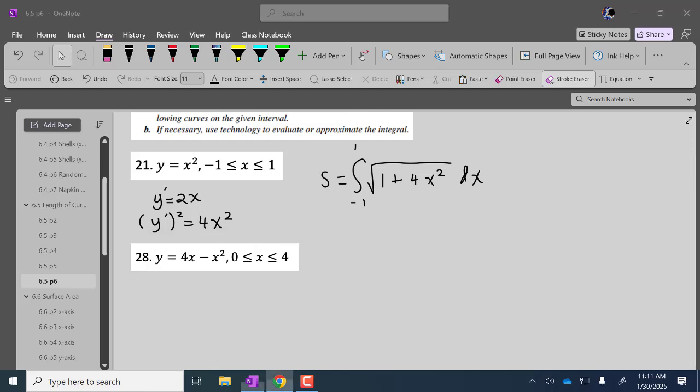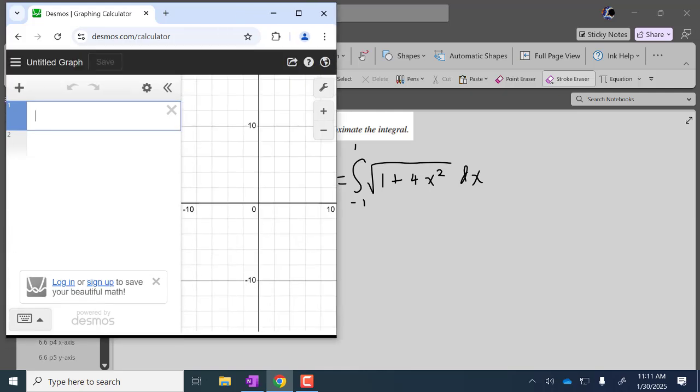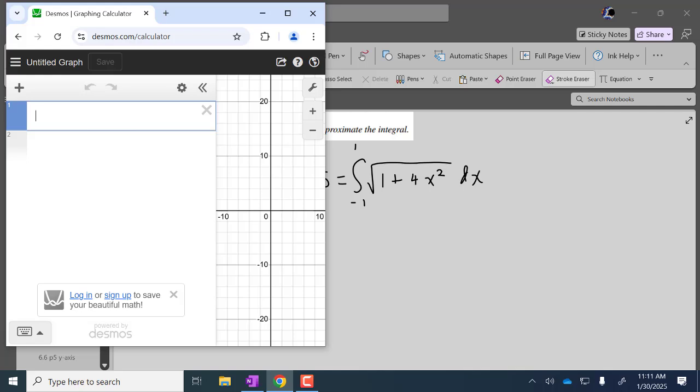So hopefully you're familiar with using Desmos for integrals. If we're asked to do one of these things numerically, we do. Has anyone not used Desmos for integration before? A couple of you? You can use Desmos, you can use a graphing calculator. If you have to do something numerically, Desmos is super simple.